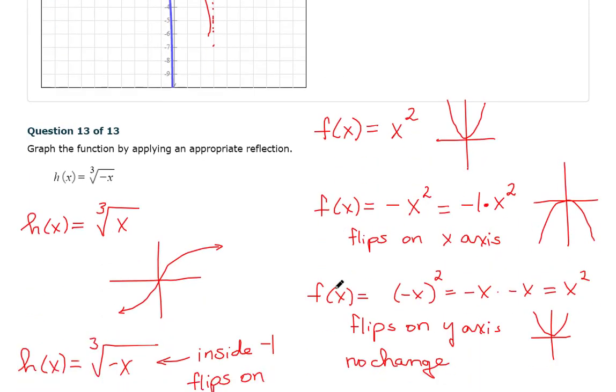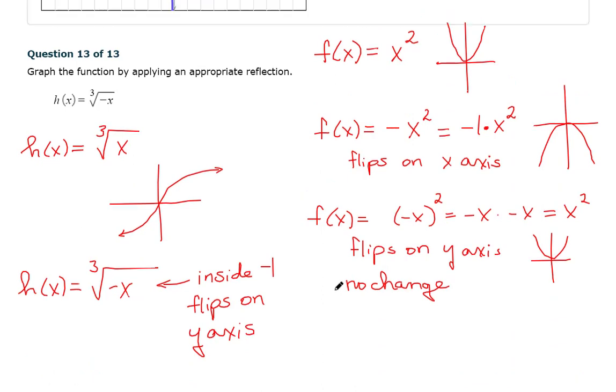And question 13. Now 13 introduces something a little different. They want us to figure out cube root of negative x. All right, well let's see. First off, if I have x squared or u-shaped, if I put a negative in the front of the whole thing, that's minus 1 times x squared.